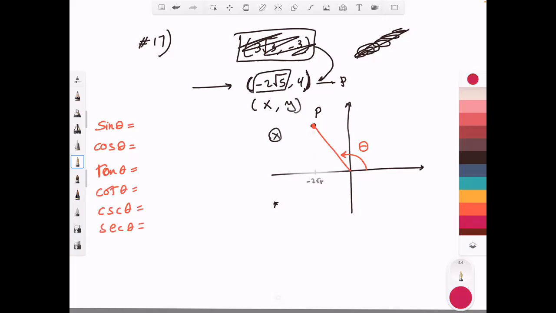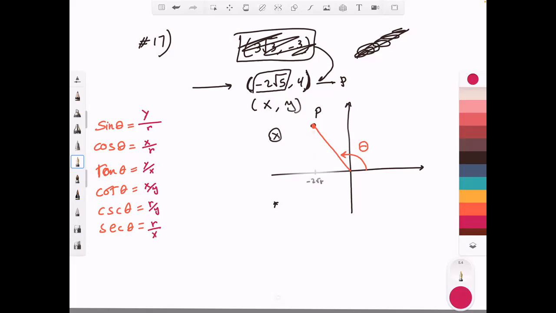You will write them as y over r, x over r, y over x, x over y, cosecant is r over y, secant is r over x. Good. So your job is to find x, y, and r.